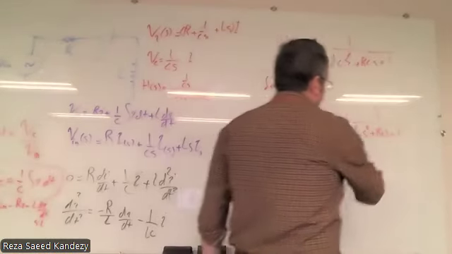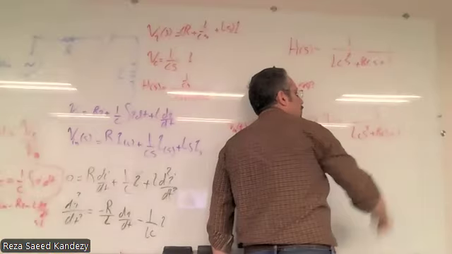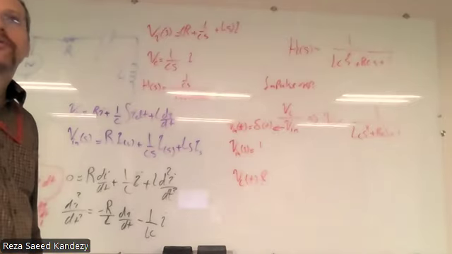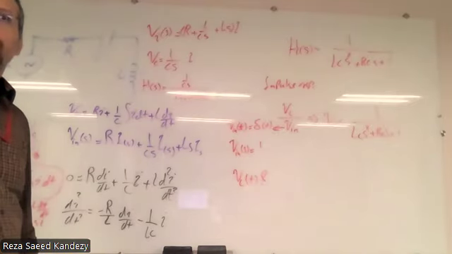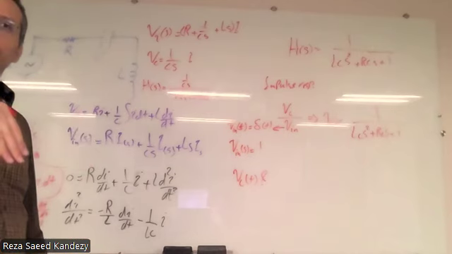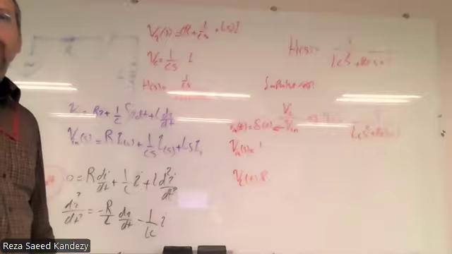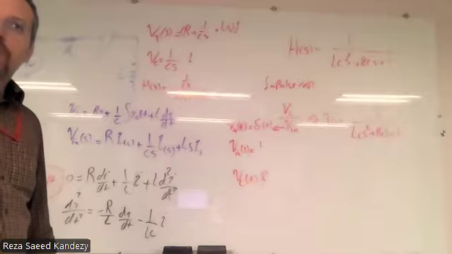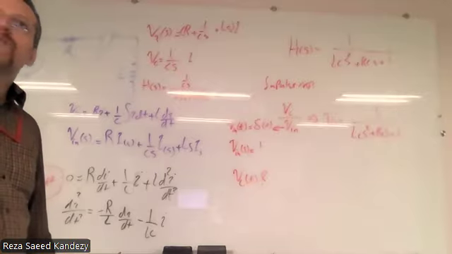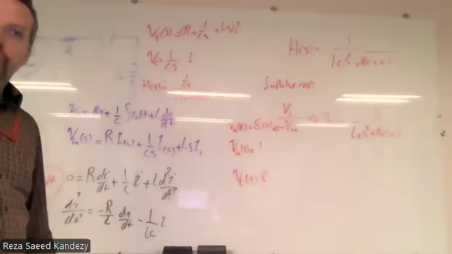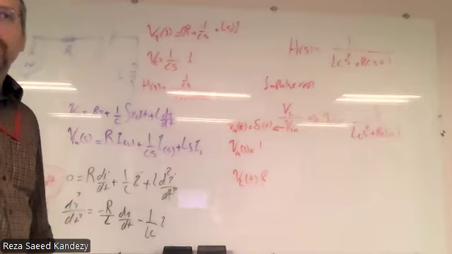Now we have a second order equation in our denominator, correct? We have to simplify it, or actually change it, in a way that we can use the table that we have for Laplace inverse, one of the famous functions that we know how to get the Laplace inverse and Laplace transform of.